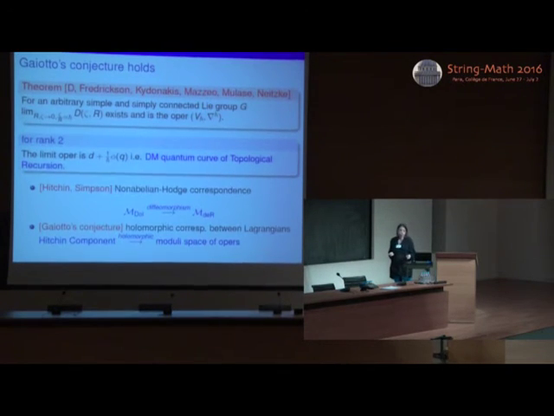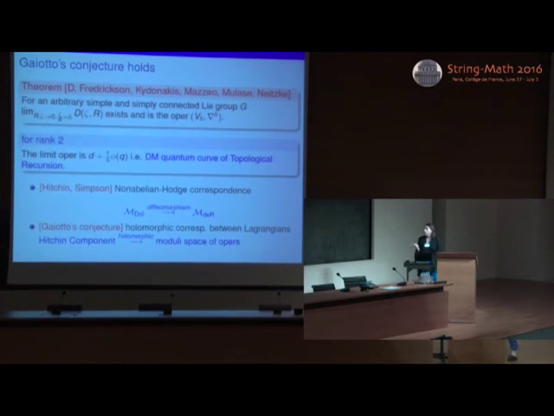So the result is that Gaiotto's conjecture holds, and this is a theorem by Laura Fredrickson, Georgios Kydonakis, Rafe Mazzeo, Hitoshi Mulase, and Andrew Neitzke that will be posted soon.